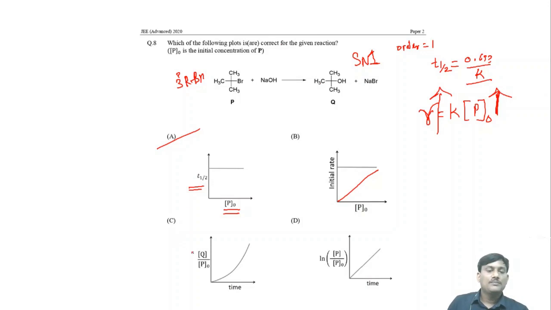And if you take Q by P naught, let us take t equal to 0. The concentration of P is P naught, and Q is 0.